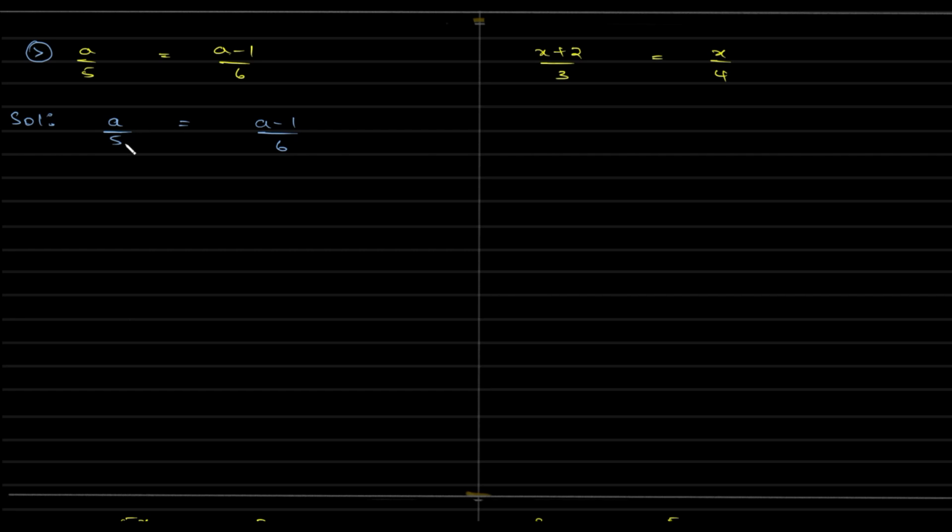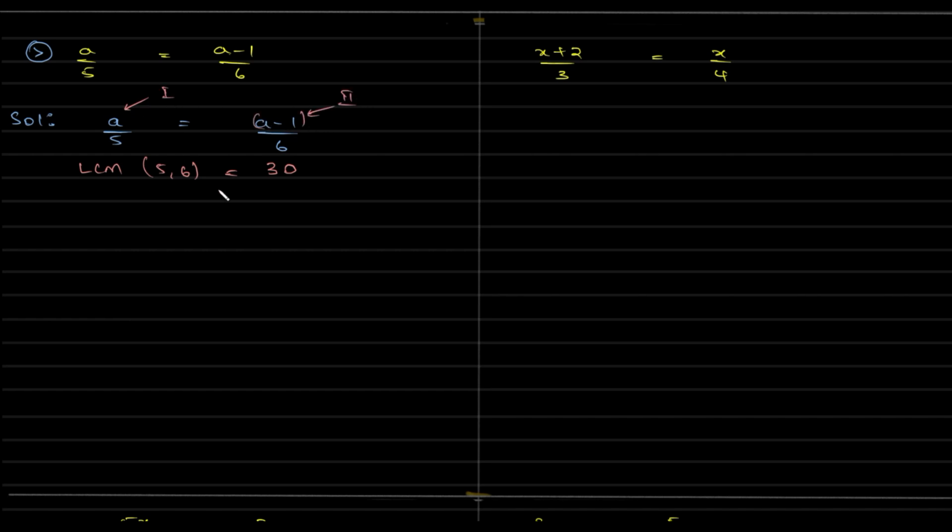Well, what you can do is find the LCM of 5 and 6. What is the LCM of 5 and 6? 30. Next step is very important. Multiply all the terms. How many terms are there? First term, second term. There are 2 terms.